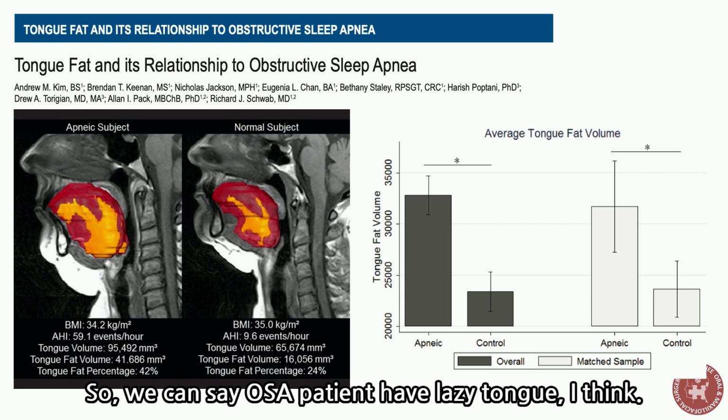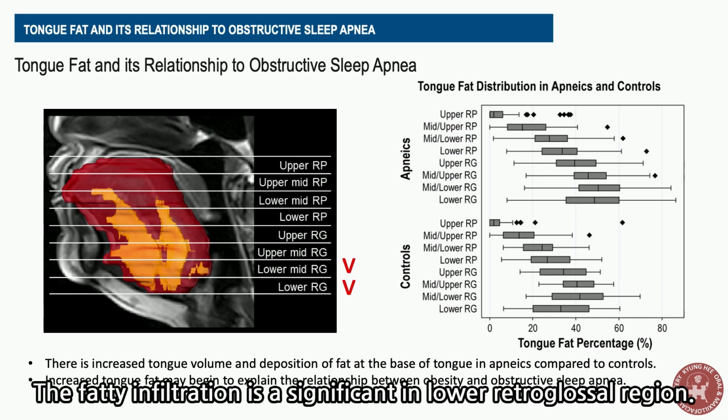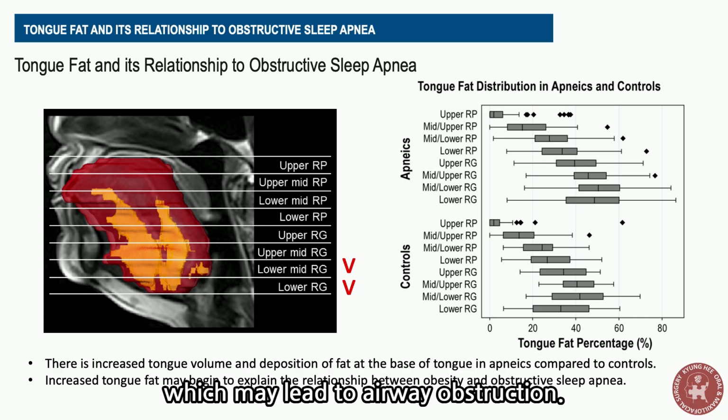So we can say OSA patients have a lazy tongue, I think. The fatty infiltration is significant in the lower retroglossal region, and this may tell you that some retroglossal part can fall back to the pharyngeal wall, which may lead to airway obstruction.